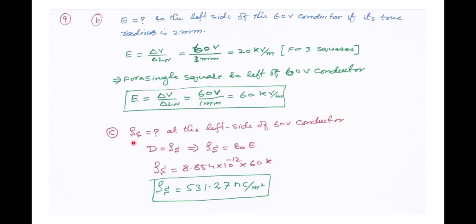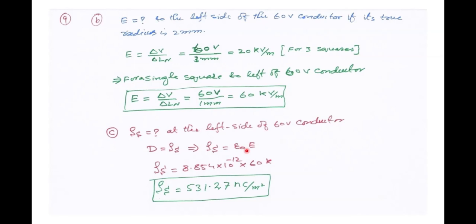Then we are asked to find the surface charge density at the left side of the 60 volt conductor. According to the boundary condition at the perfect conductor, the electric flux density is discontinuous by the surface charge density. Replace D, the electric flux density, by epsilon naught times E, as the material between the two conductors is free space.